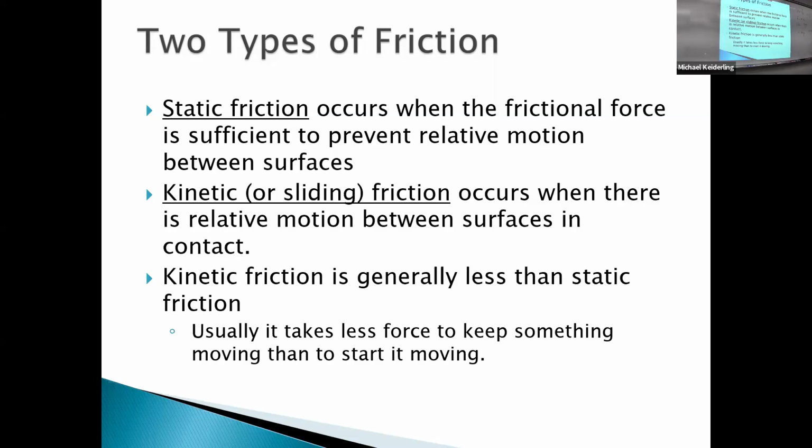So if the two surfaces are not moving relative to each other, like when you're walking, your feet don't move relative to the ground, that's static friction. If they are moving or sliding, that's kinetic friction, kinetic for movement. The kinetic friction is the friction that occurs when there is relative motion between the surfaces in contact.